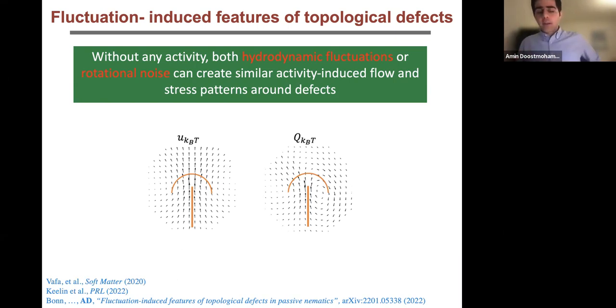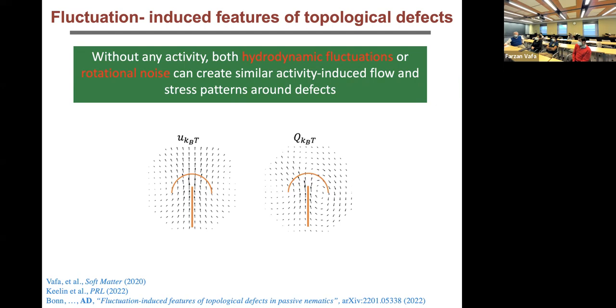For example, Farzan had shown that if you have a fluctuating force that aligns with the nematic director, that can lead to extensile stress. And there's also some recent work. We indeed see that both types of noise can lead to the same flow field and the same stress patterns. So this raises some questions about how much activity and how much fluctuations are playing a role here, and this is something we are interested in looking at currently.